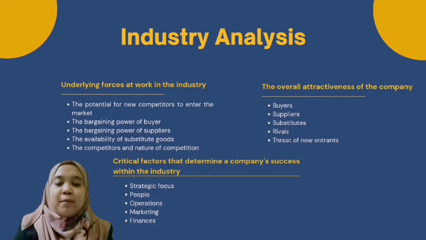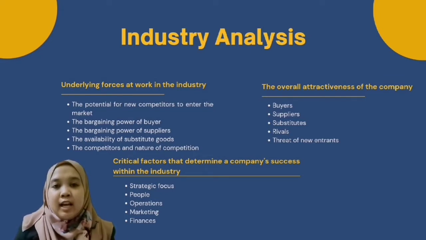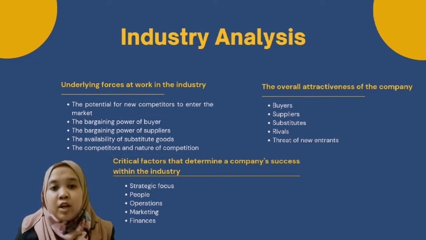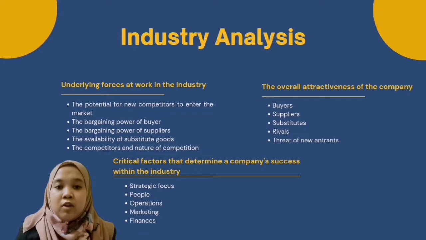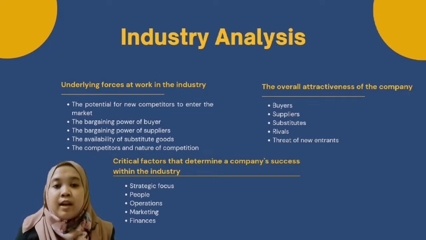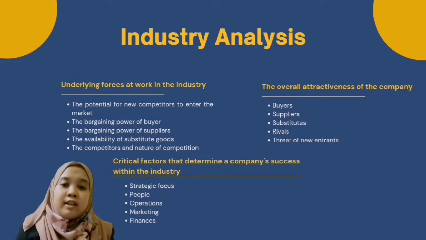The next major element of industry analysis is the overall attractiveness of the industry. In order to determine the attractiveness of an industry, it is important to work with business brokers to analyze the five forces of the industry. The first is the buyer, who will determine the power of the industry since they can choose the best company to buy from according to their budgets and tastes.